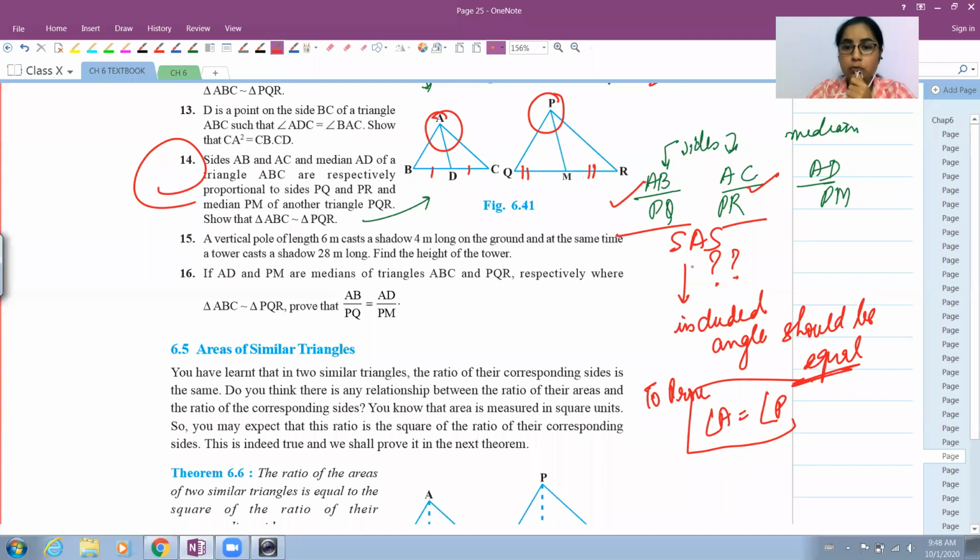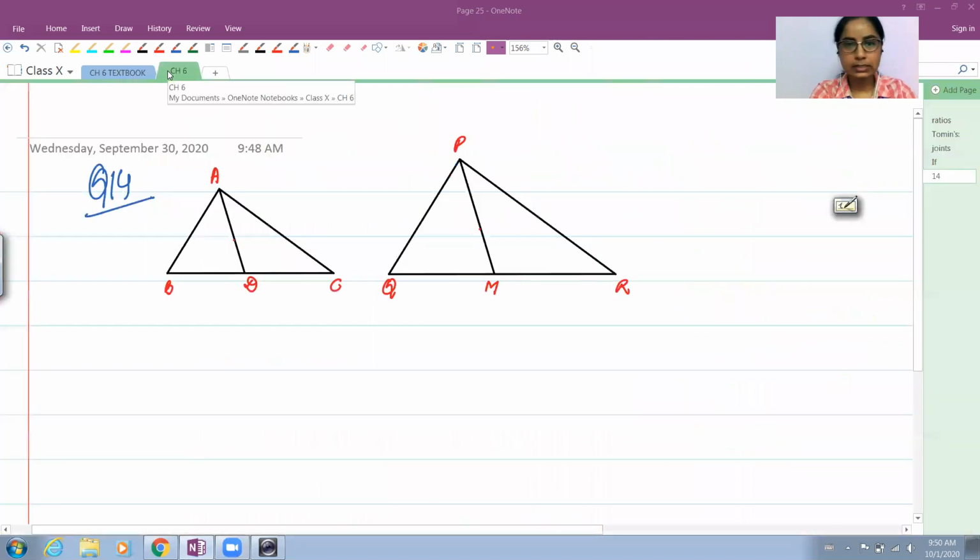So the focus will be to prove angle A equals angle P, and to prove this we are going to construct something here, and that would take a moment. Just give me a minute. All right. So let's start with the question, and I will discuss this step by step while doing the construction.